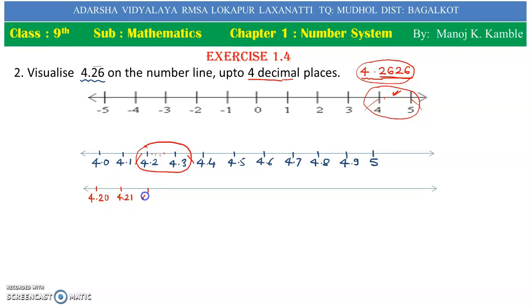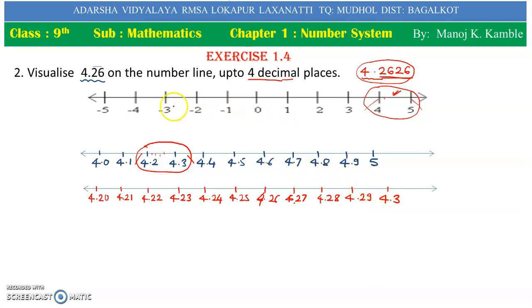4.21, 4.22, 4.23, 4.24, 4.25, 4.26, 4.27, 4.28, 4.29, and it is the 4.3.